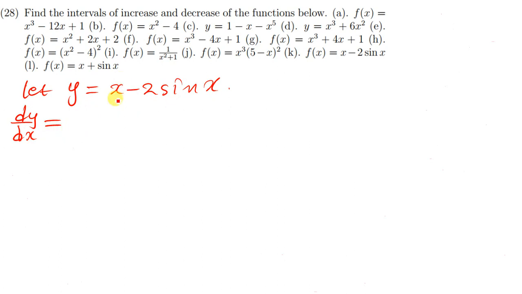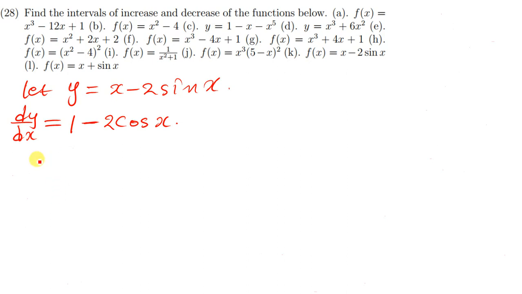So dy dx, when you differentiate this part, you get 1. Differentiating 2 sine x, 2 is a constant, so we can just write it there. Then when you differentiate sine x, you always get cos x. So from here I think we can now find the critical points, so that we determine the interval.